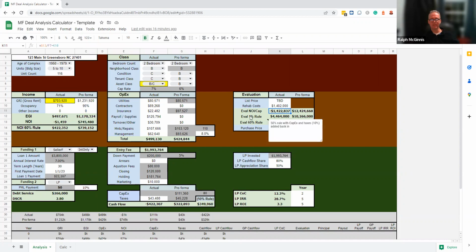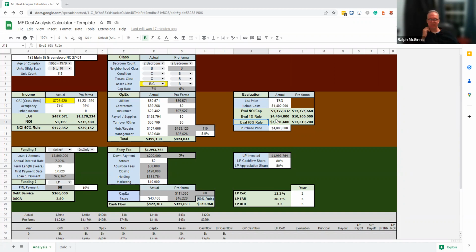So you have to have a positive number. That's why we have these other two forms of evaluation, 1% rule, 60% rule. I much prefer the 60% rule over the 1% rule. The 1% rule is not very accurate. One of the downsides of the 1% rule, which has been around for a long time, is that it's subject to a very large difference depending on where your markets are. And so in some areas, it might be a 1.5% rule.